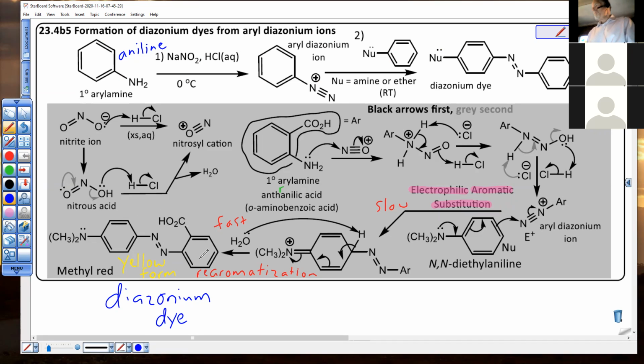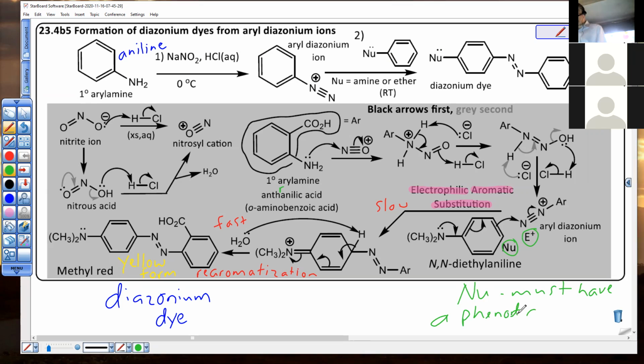The nucleophile is the easiest one to spot. Here it is. This is the nucleophile, a reminder. It's already here. And this is the electrophile here, the diazonium. Your nucleophile must have a phenol or amine.